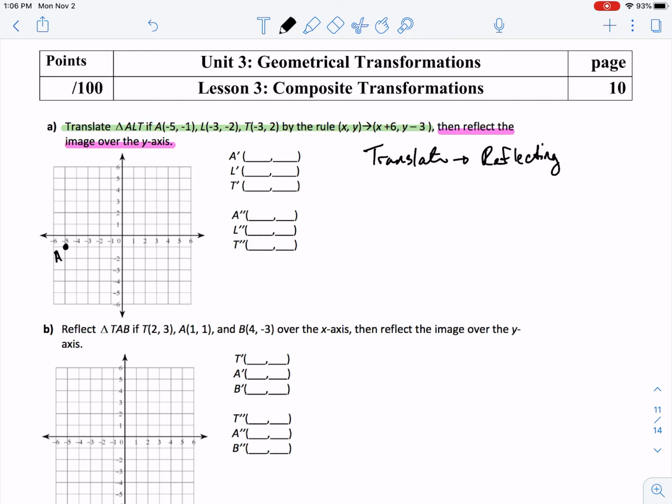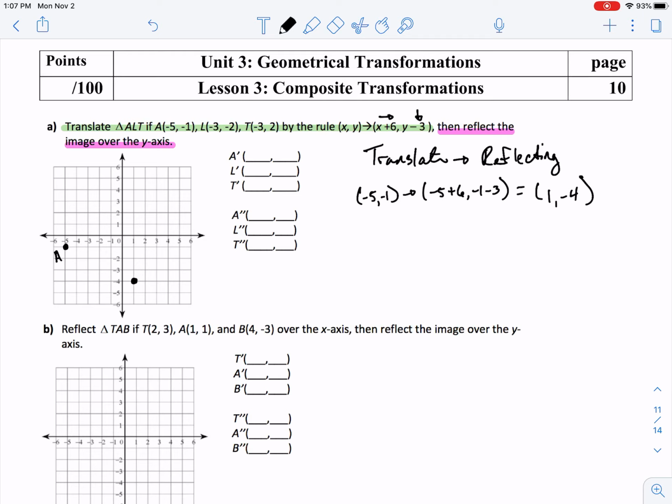This is A. By the rule (x, y), -5, -1 becomes -5 plus 6 and -1 minus 3, which is equal to 1, -4. Another way of thinking of it is right 6, down 3.